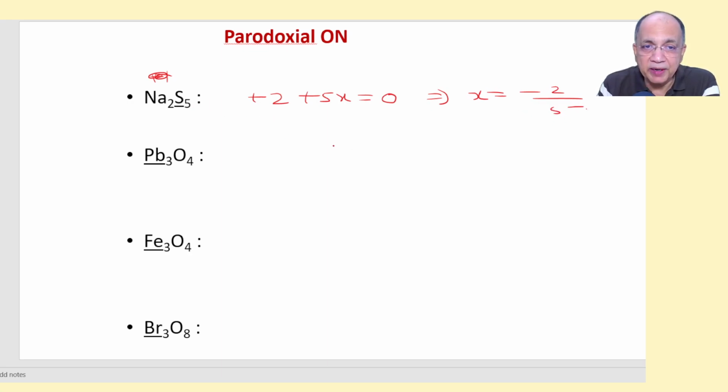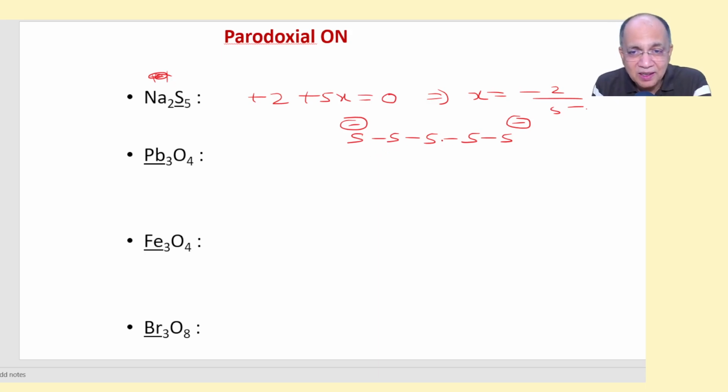But actually, if I draw the structure of the polysulfide ion, this is a long chain. These are sulfur-sulfur covalent bonds. So if you assign the oxidation number to each sulfur atom, then this will be 0, this will be 0, because the two atoms are the same.